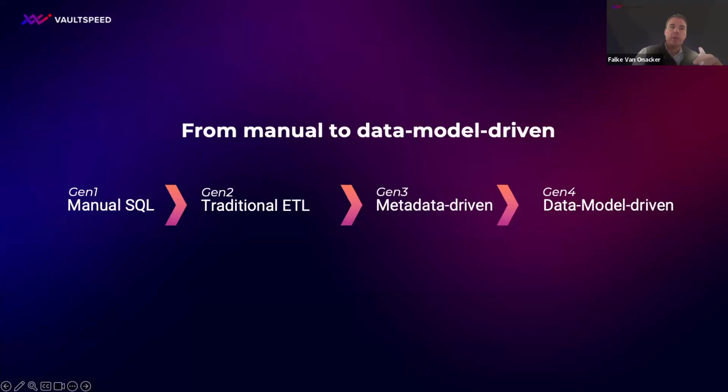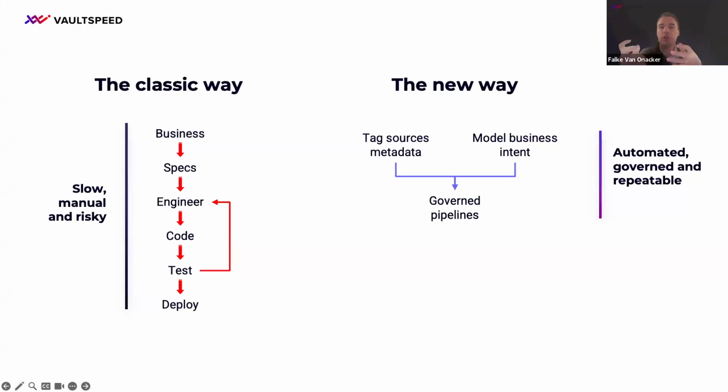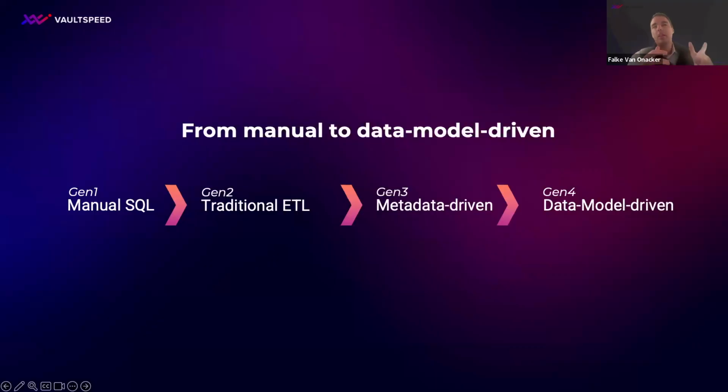Now, there's another finding that we had at VaultSpeed, and that is that we have been doing ELT wrong for many years. We and most people in the industry start with the data sources. You first extract, then you either load or transform, and then you move onwards.